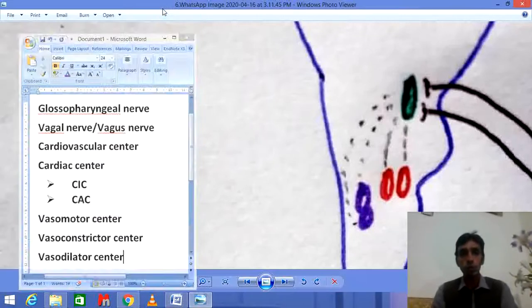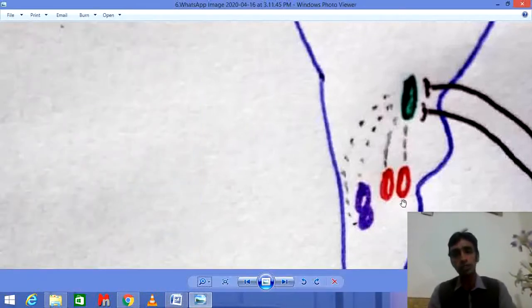So what is the function of these centers? The CIC is responsible for what does its name represent? CIC, cardio-inhibitory center, is responsible for the inhibition of the heart. It decreases the heart rate. CAC is responsible for the activation of the heart, so it increases the heart rate.